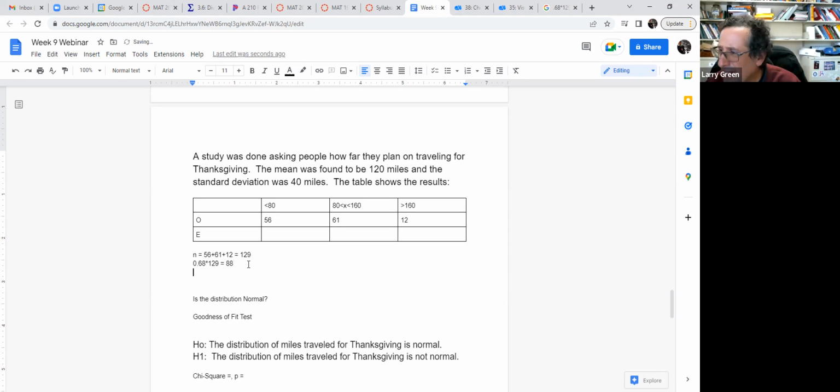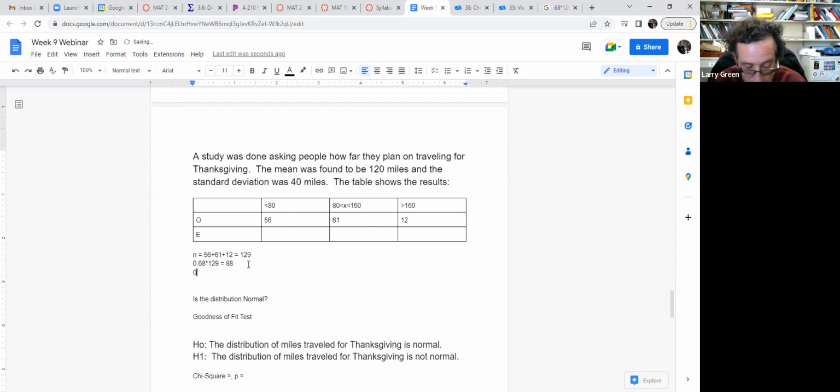All right, how much is less than 1 standard deviation? What percent? Yeah, 16% is less and 16% is more. Remember, if there's 68% in the middle, 100% minus that is 32%. 32 divided by 2 is 16.